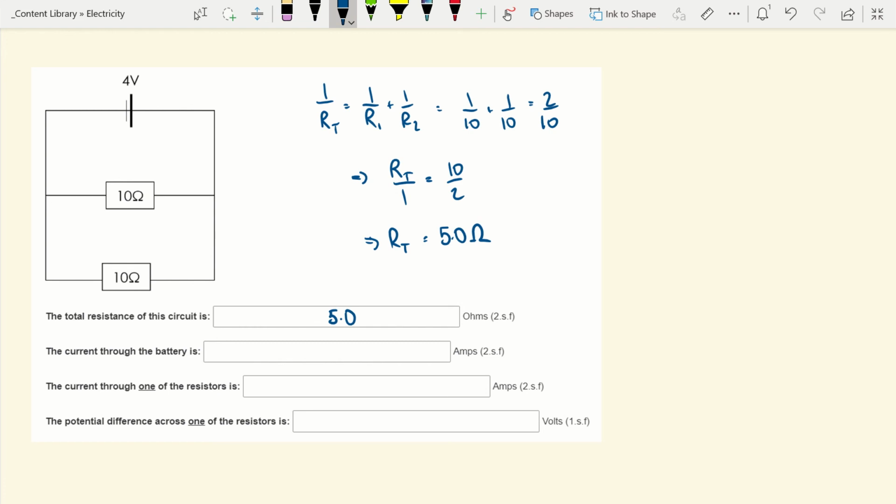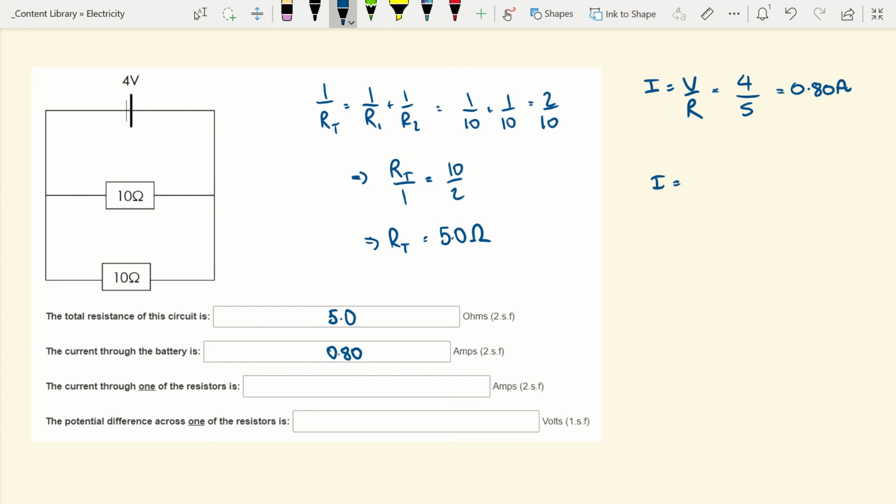The current supplied by the battery, we're going to use our equation that we've been using before. So its potential difference is 4. The total resistance is 5. So you can see that comes out as 0.80 amps to two significant figures. Now the current through one of the resistors, so we can use the same equation.